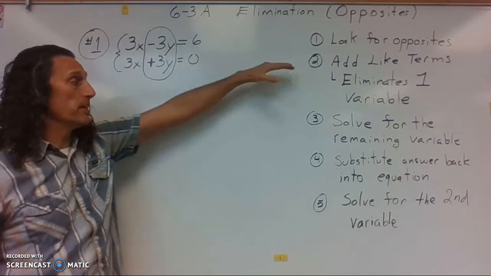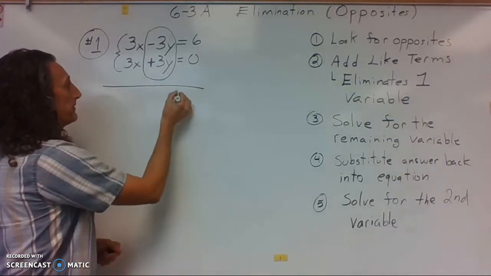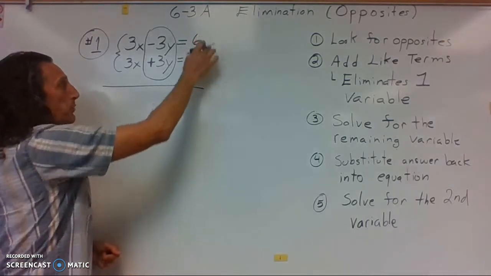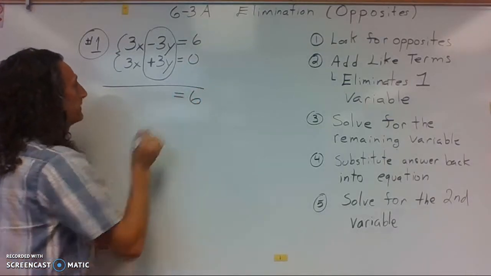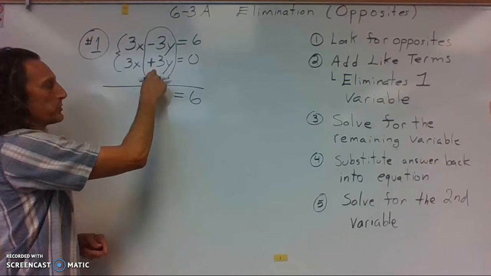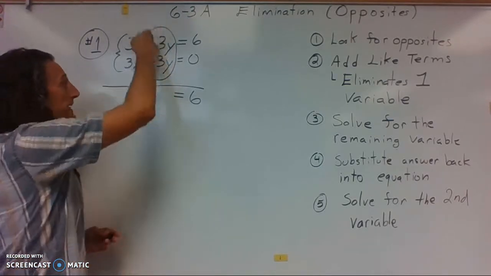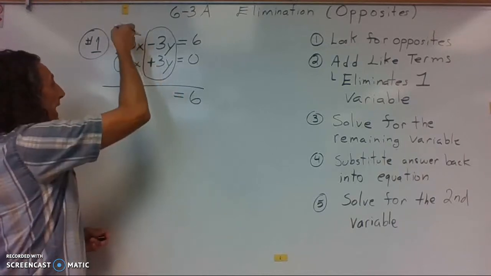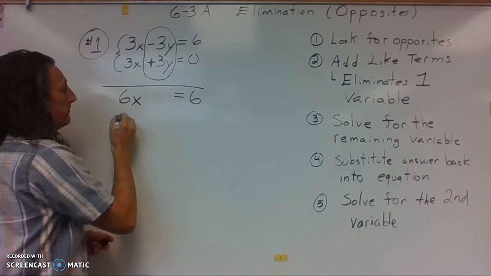So that brings us to step number 2, add up our like terms. So right underneath this, these are both constants, plain numbers, add them up, 6 plus 0 is 6. Remember, negative 3 plus 3 is 0. You don't have to show me that. These actually get eliminated. So we add up 3x plus 3x and we get 6x, right?